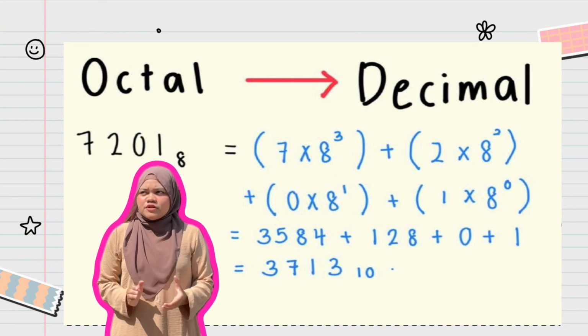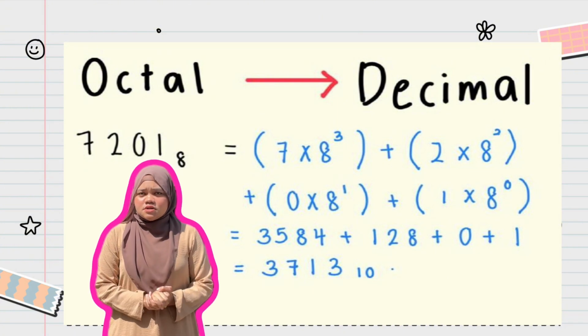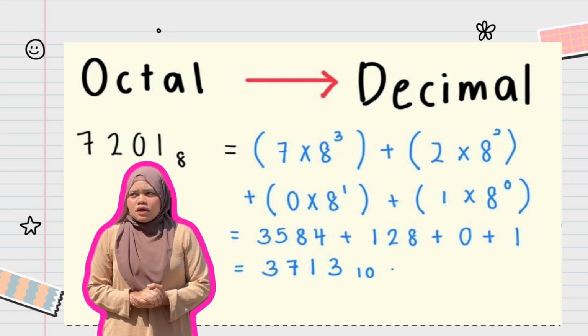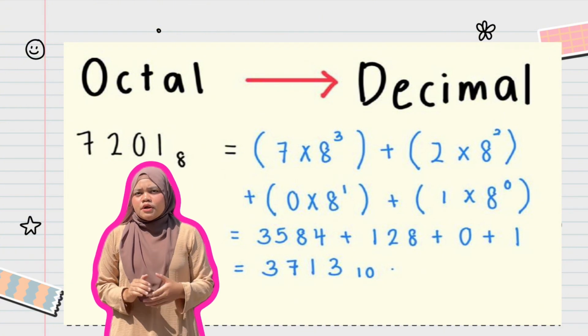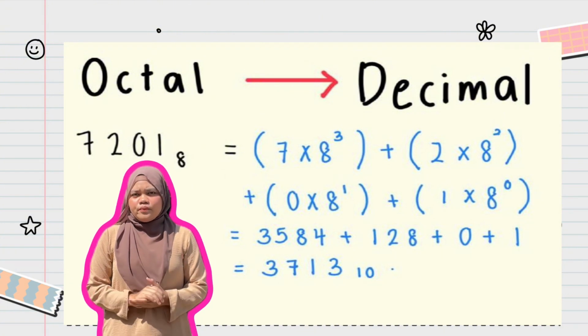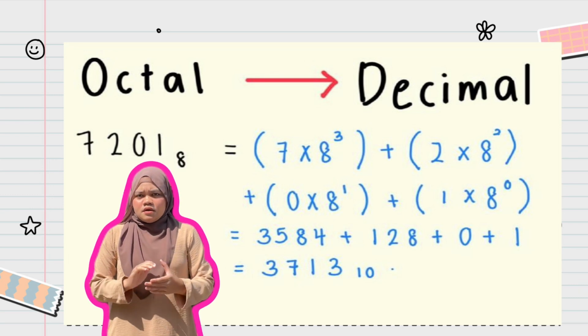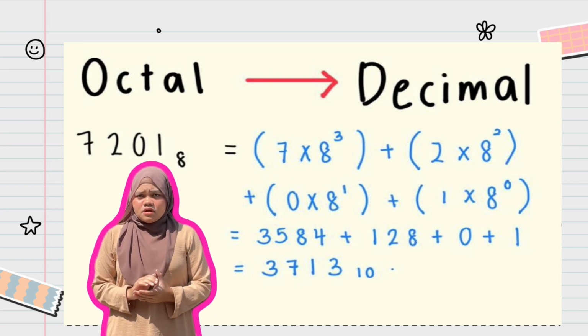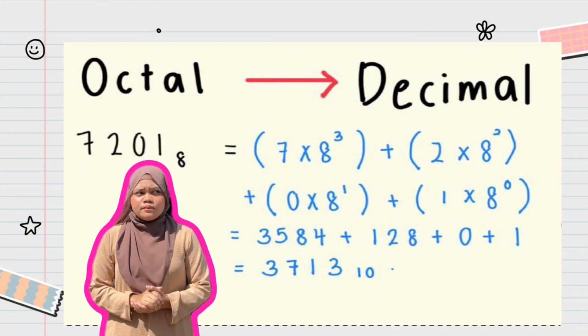Okay, first we find the powers of 8. 8 to the power 3 is 512. 8 to the power 2 is 64. 8 to the power 1 is 8. And 8 to the power 0 is 1.